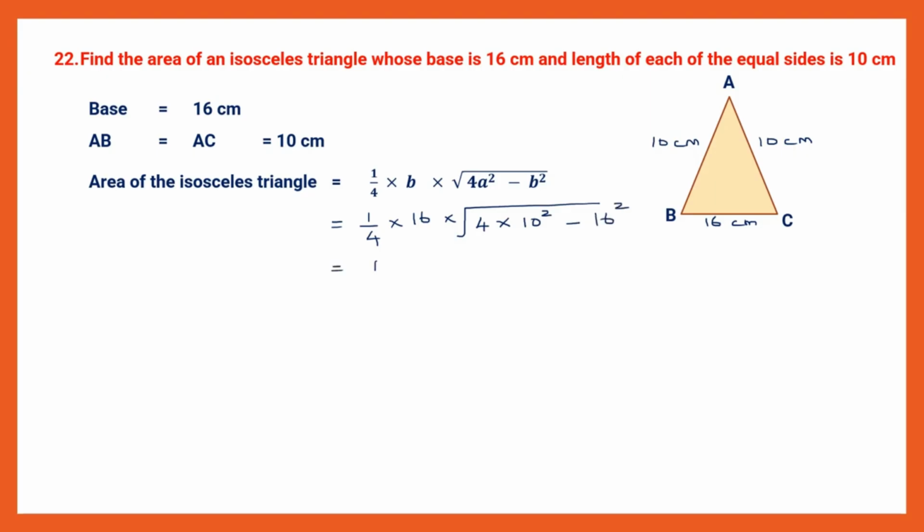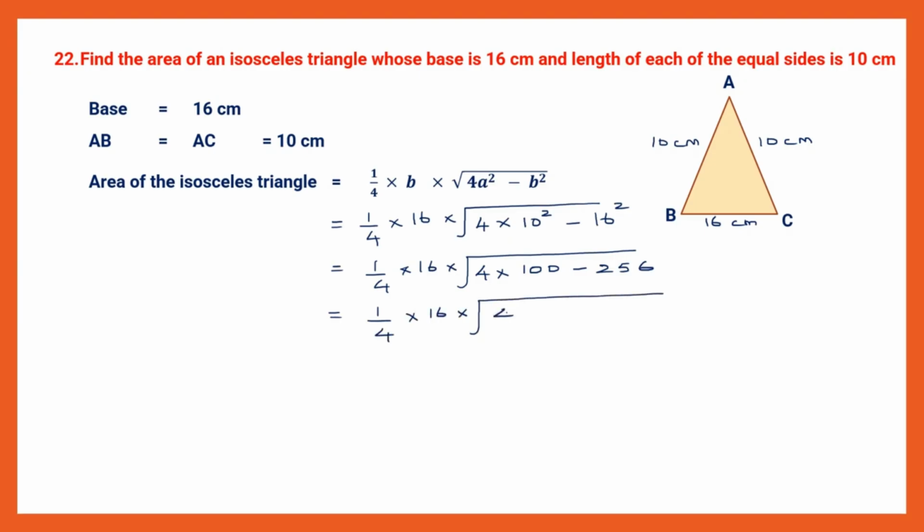So this will be 1 by 4 into 16 into the square root of 4 into 10 square. 10 square means 10 into 10, which is 100, minus 16 square, that is 16 into 16, which is 256. So this will be 1 by 4 into 16 into the square root of 4 into 100, which is 400, minus 256.